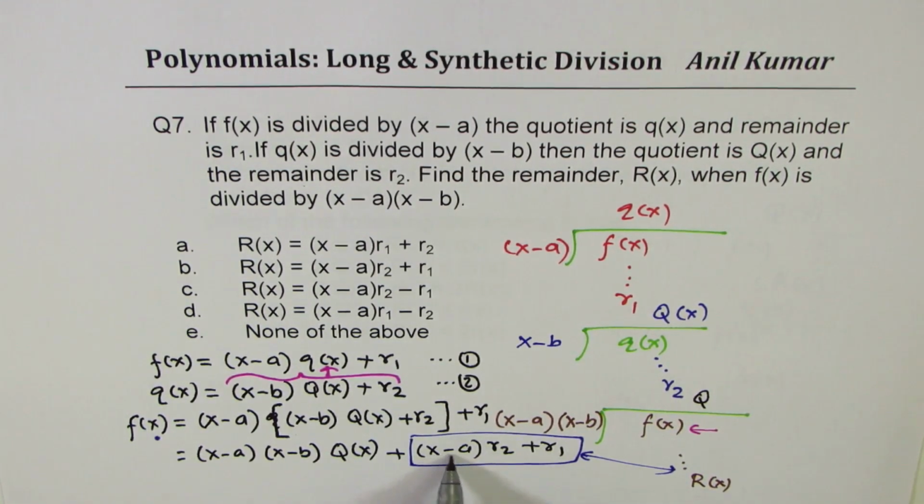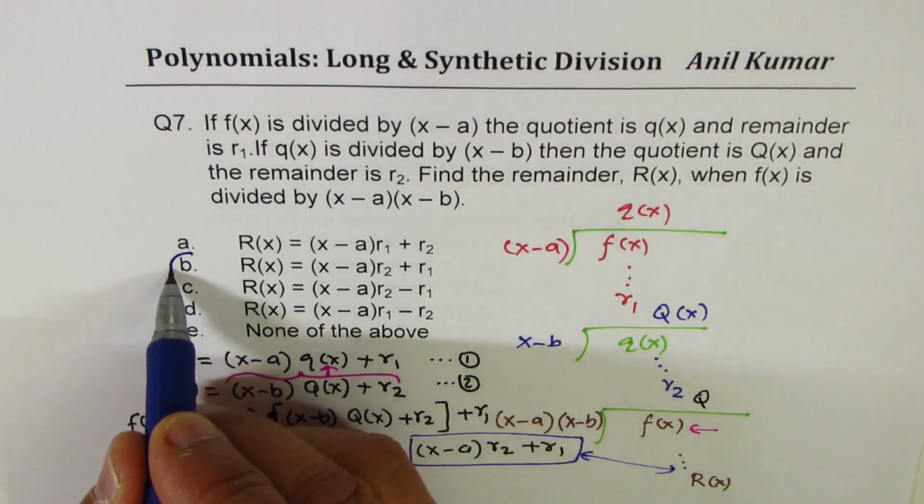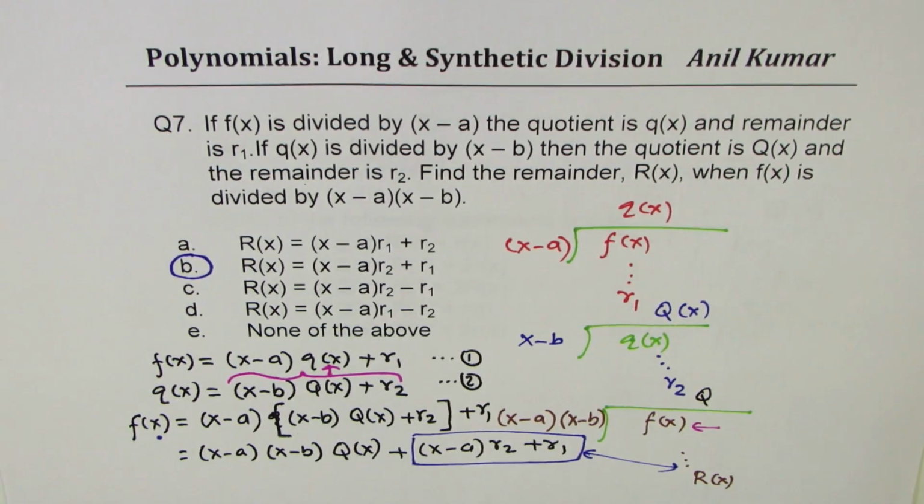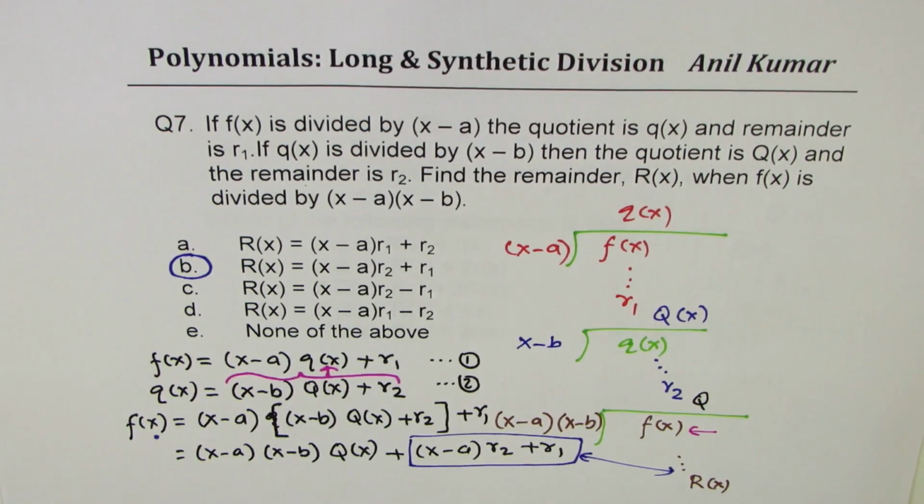Which is x minus a times r2 plus r1, right? So option B is the right option. Now this is an extremely important question and will help you to solve many critical multiple choice questions in IIT JEE or similar test papers. I hope you appreciate it.